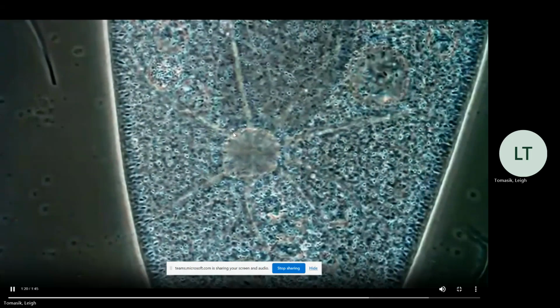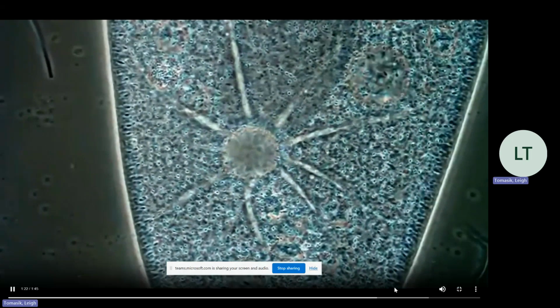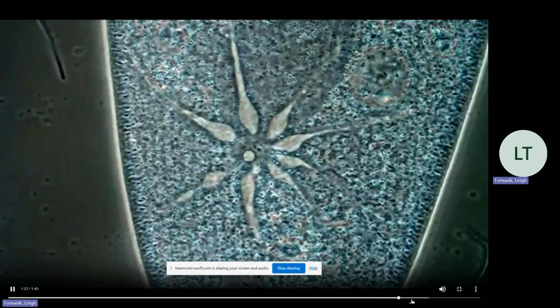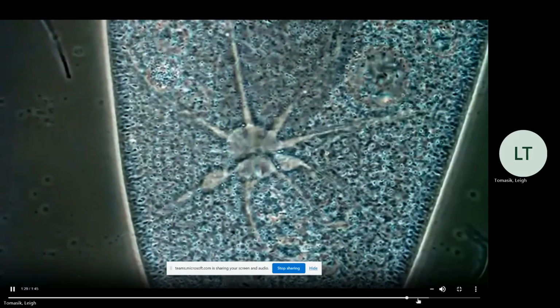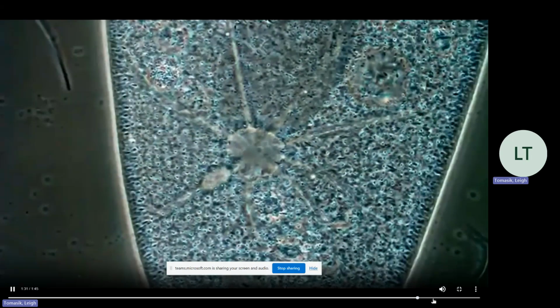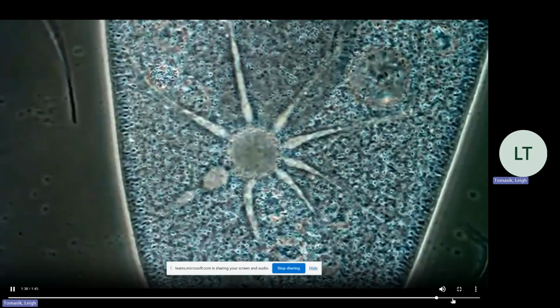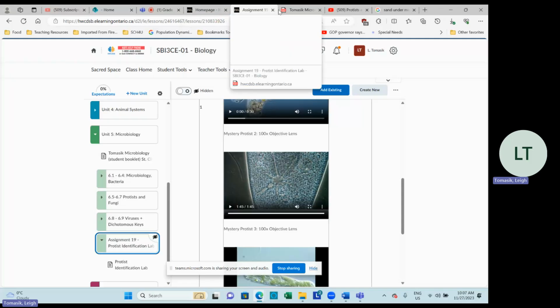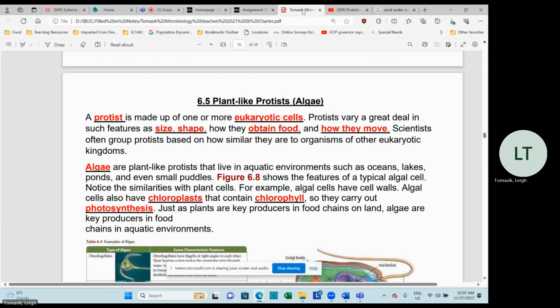Kind of neat. I think that is just about all we have to show you there. We don't have a picture of one eating. No, just the contractile vacuole. Okay, so that's paramecium, and it's an animal-like protist. Kind of neat.